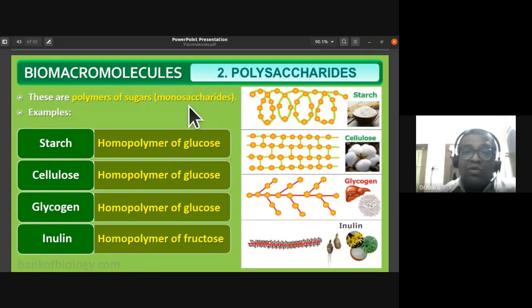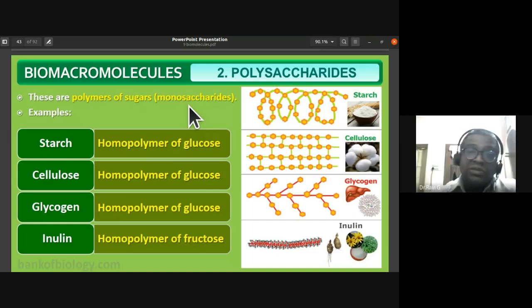Cellulose is a homopolymer of glucose. Glycogen is also a homopolymer of glucose, the reserve food material in animals, especially stored in the liver and muscles. Starch is a reserve food material in plants, also a homopolymer of glucose.